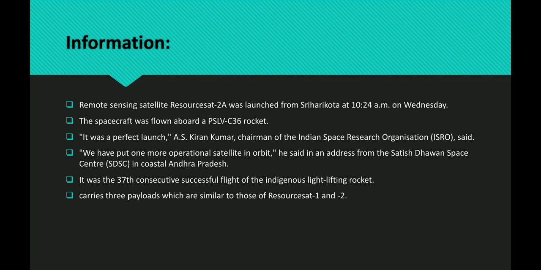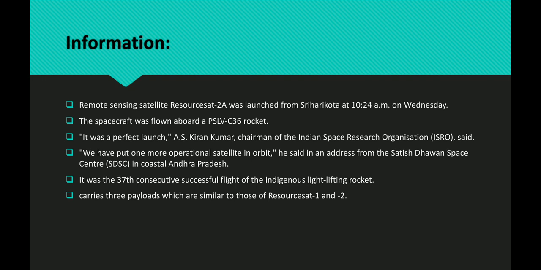He said, "We have put one more operational satellite in orbit," in an address from the Satish Dhawan Space Center, SDSC, in coastal Andhra Pradesh. It was the 37th consecutive successful flight of the indigenous light lifting rocket.